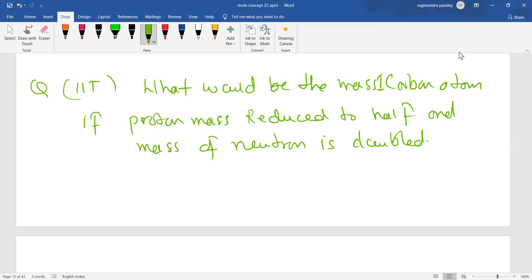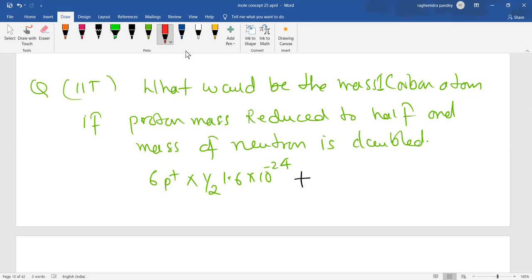12 grams, okay. So there will be no change, because one is reduced to half and one is doubled, so there will be no change at all. If you see, carbon has 6 protons, and the mass of one proton is half, so half into 1.67 into 10 to the power minus 24, plus mass of neutron.